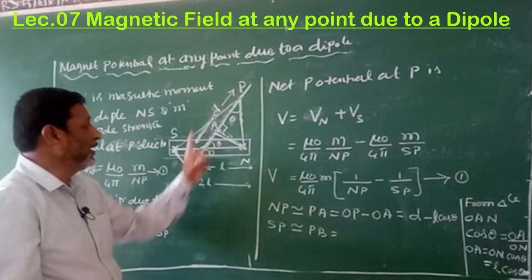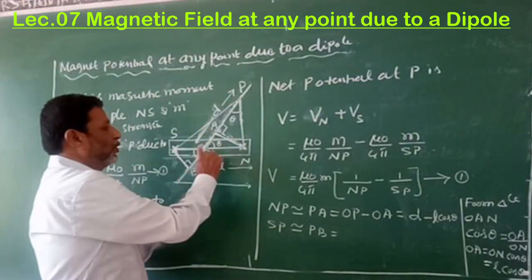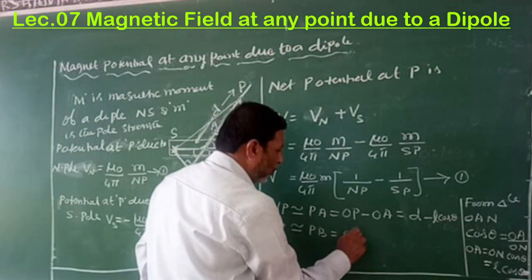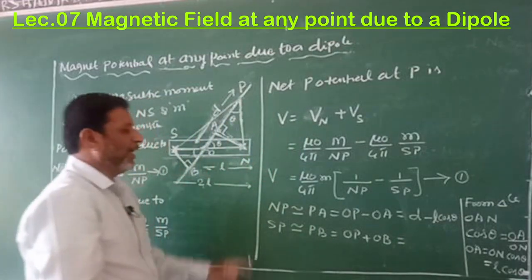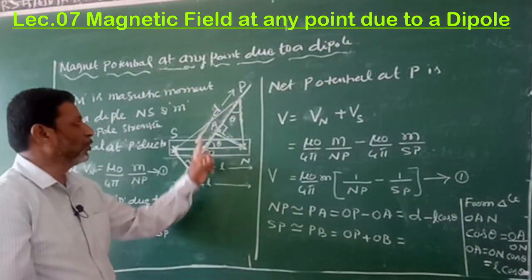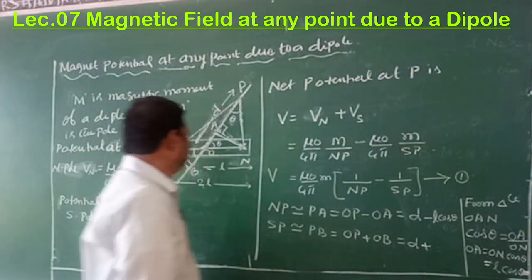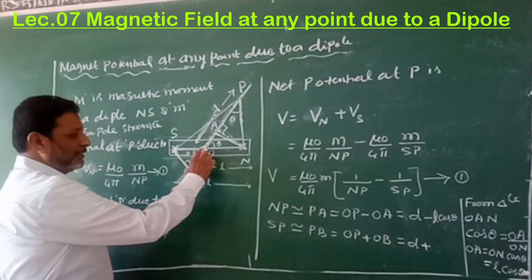Now this PB can be written as OP plus OB. OP is equal to D, plus, if this is the angle theta, again this will be the adjacent side.